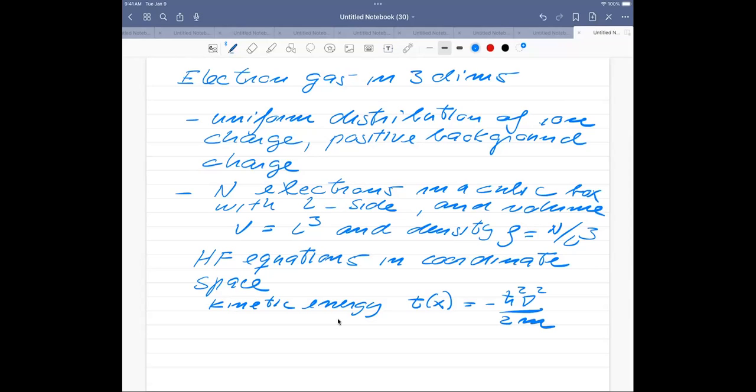So if I look at the equations then, what I have is a T of X plus a U of X. And this U of X is going to be the uniform charge from the background ion. And we then have a new term, which we, in coordinate space, call the Hartree-Fock.